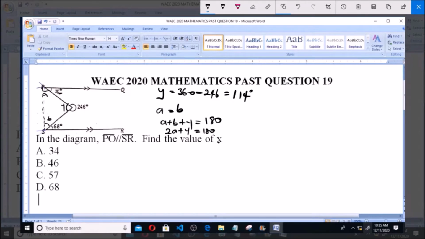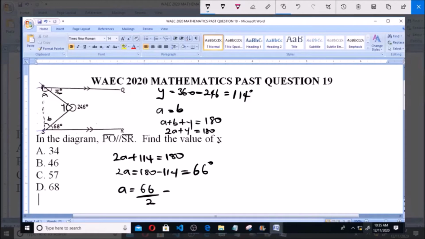And Y is equal to 114, so that means 2A plus 114 is equal to 180. So 2A is equal to 180 minus 114, and that is equal to 66 degrees. So A is equal to 66 over 2, and that is equal to 33 degrees.